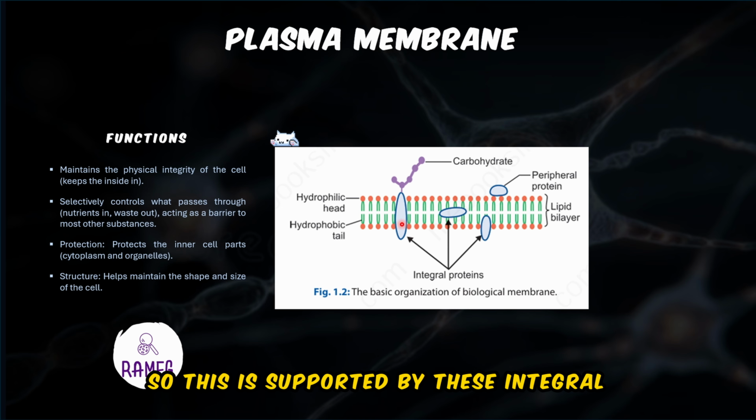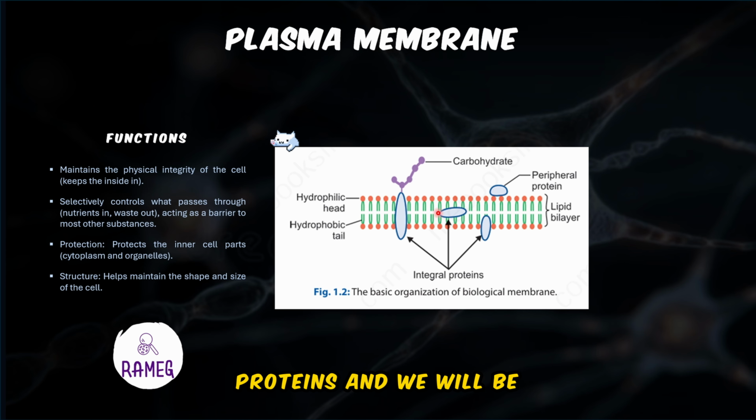This is supported by these integral proteins, and we will be going into more detail on this in the later topics. It also provides protection for the organelles inside the cell, like the Golgi, the nucleus, and all that. Again, it helps maintain the shape and size.